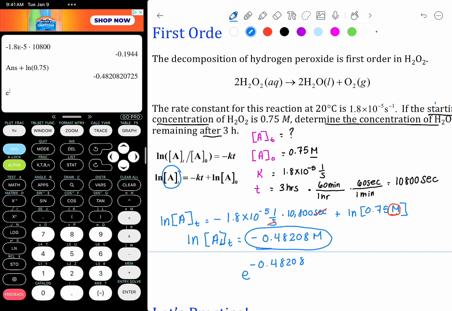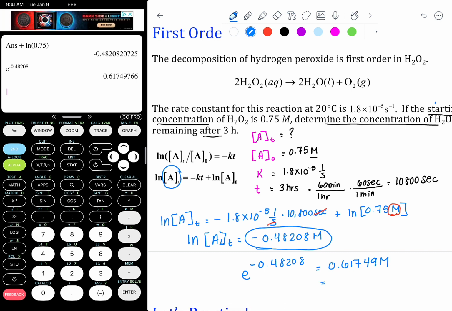So e to the negative 0.48208, and yes, you need that negative. It will be very important, so make sure you get your sign correctly. So that concentration is now 0.61749 molar.